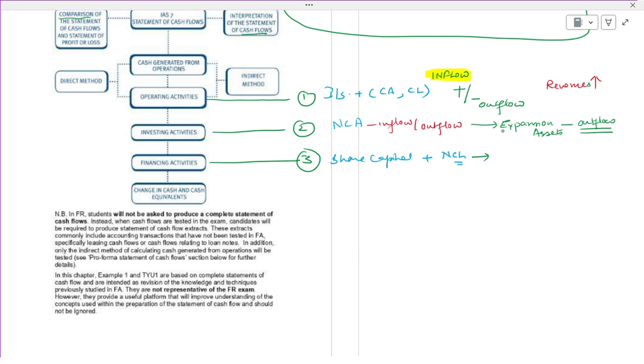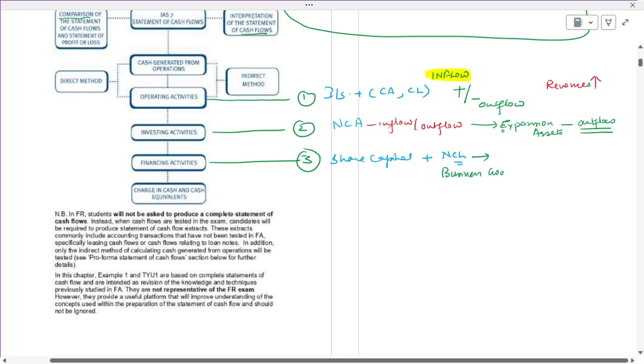You are doing good business. When the business is really good, it is growing. What happens? People will come forward to give loans also.